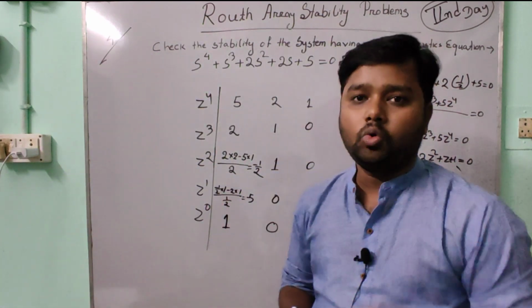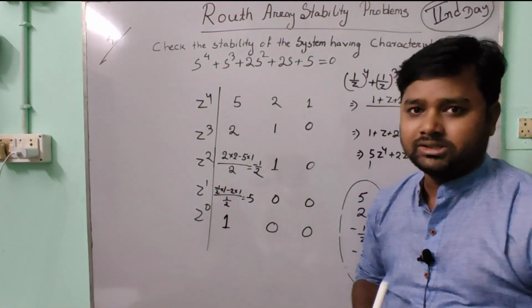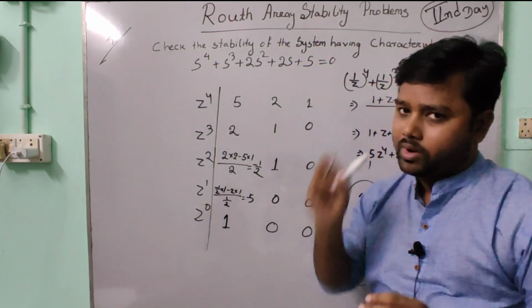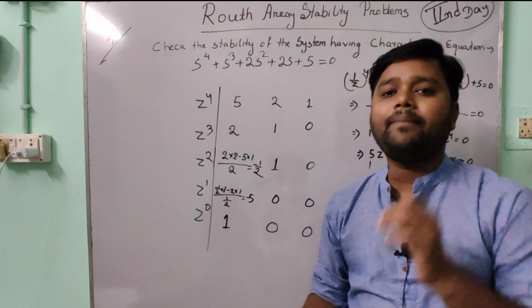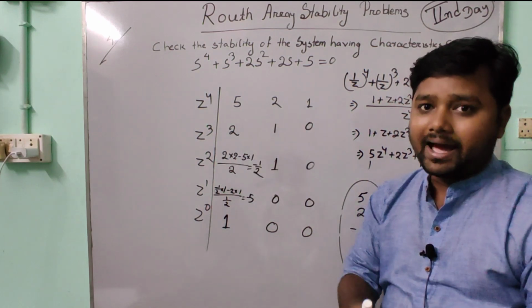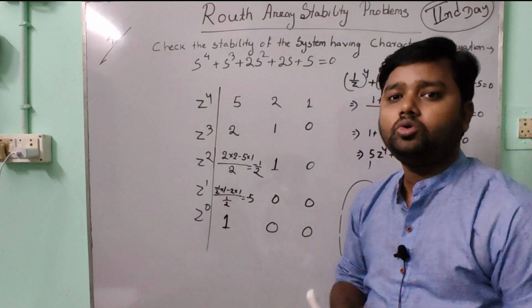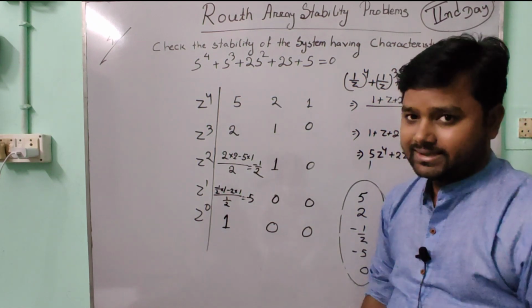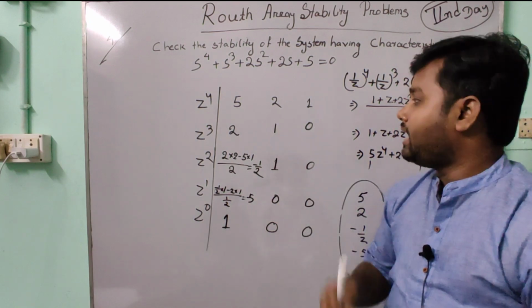In today's class we have done two problems. In the first problem all the elements of a row were 0. In that case we took the upper line, formed the auxiliary equation, took its derivative with respect to s, and solved again.